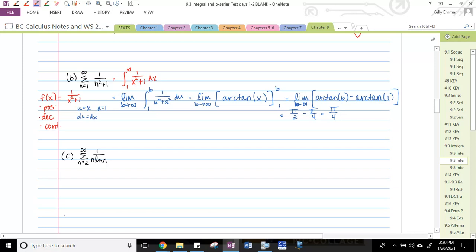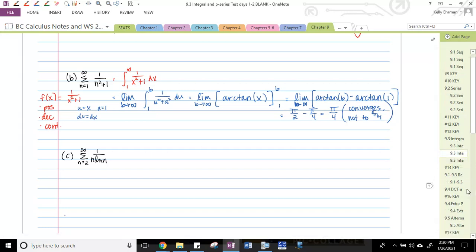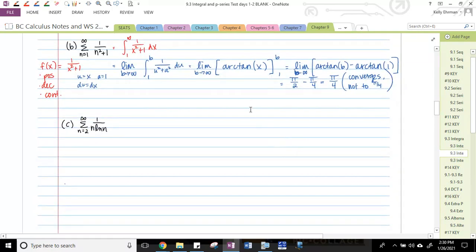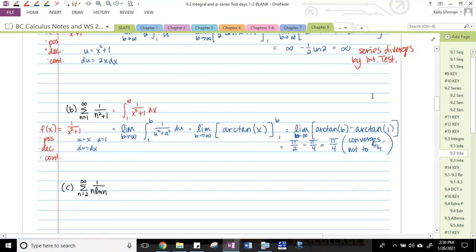The area under the curve for f of x is pi over 4, but that is not the sum of the series. All this tells me is that the series converges, but not to pi over 4. All right, and the questions will just be converge or diverge. And again, like by what test? So I should have said converges by integral test.